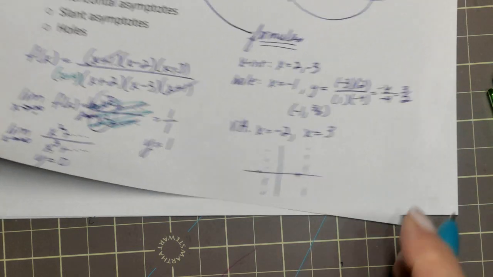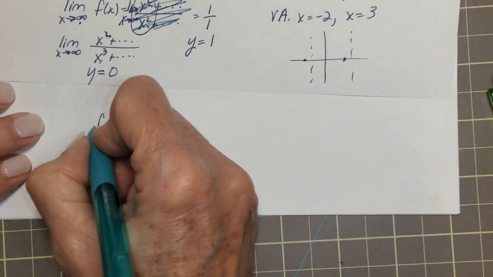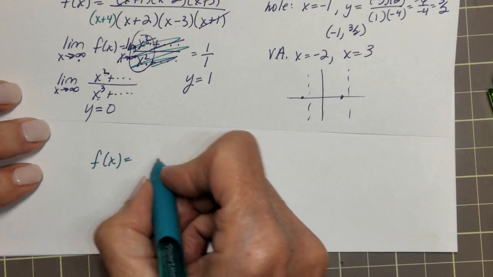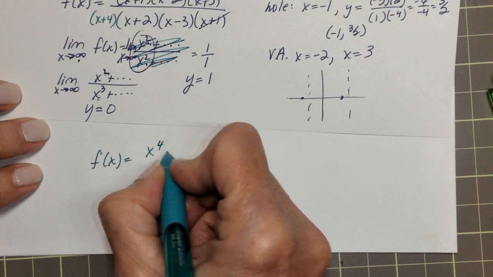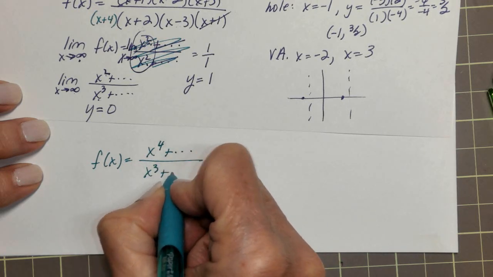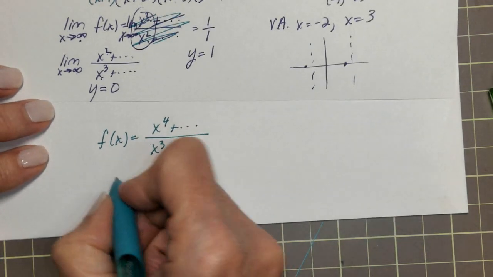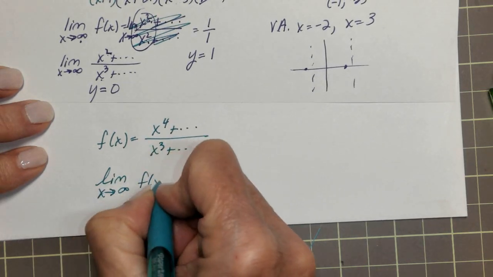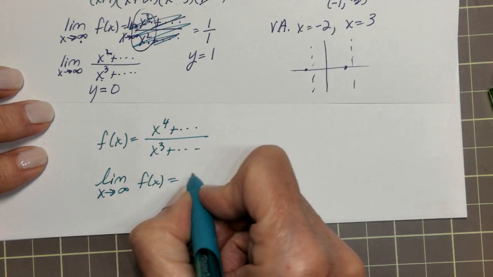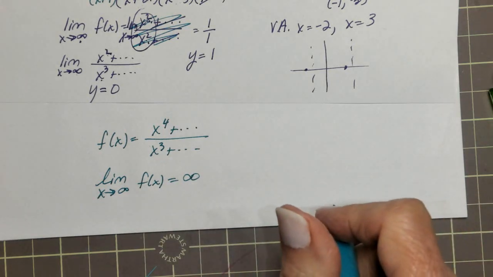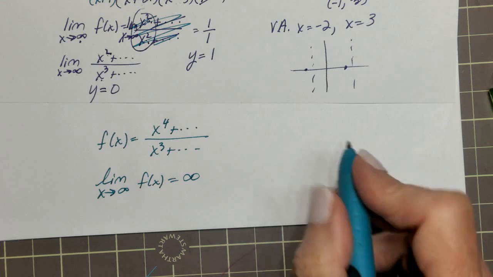Okay, what if our function had a higher degree on top than on the bottom? Let's say that we had x to the 4th plus whatever on top and x cubed plus whatever on the bottom. Then, as x goes to infinity, this thing is going to infinity. That means you have some sort of slant asymptote. How do you determine the slant asymptote?